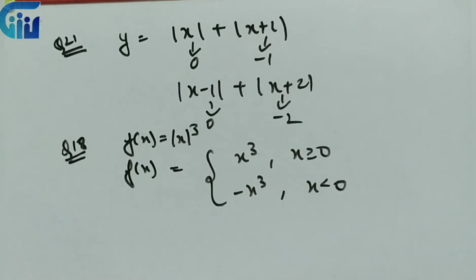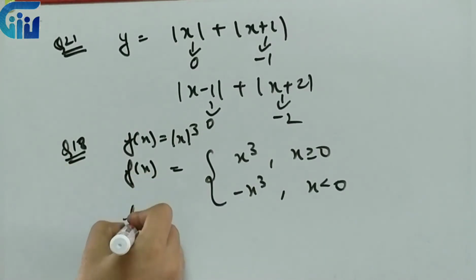But for the detailed proof, go through the video of differentiability, right? Question 18 says f(x) is equal to mod x whole cube. We have to find the second derivative if it exists. So according to the definition, mod x whole cube is x cube if x is greater than or equal to 0, and minus x cube if x is less than 0.